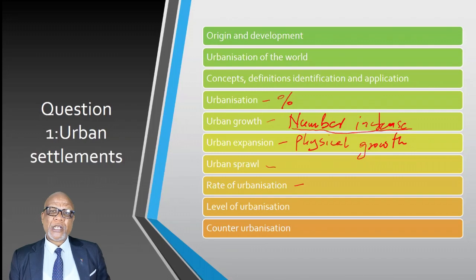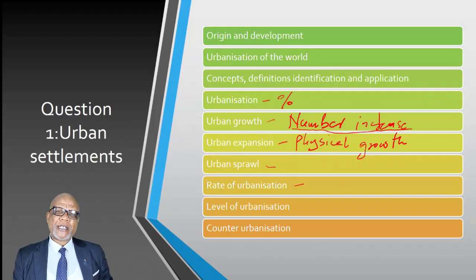So the rate of urbanization in the poor countries is high. But when you're looking at rich countries, the quality of life in rural areas is not so bad, so not many people are trying to move out of rural areas. So the rate is low.